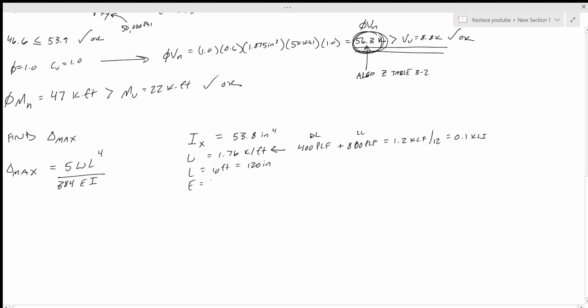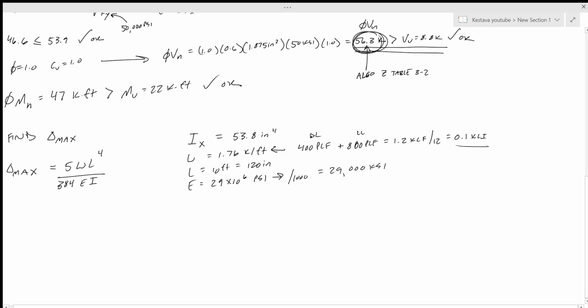So E is steel, 29 times 10 to the 6th psi. Since we have KLI, we can use KSI. So if you divide by 1,000, that becomes 29,000 KSI. And then that's everything.